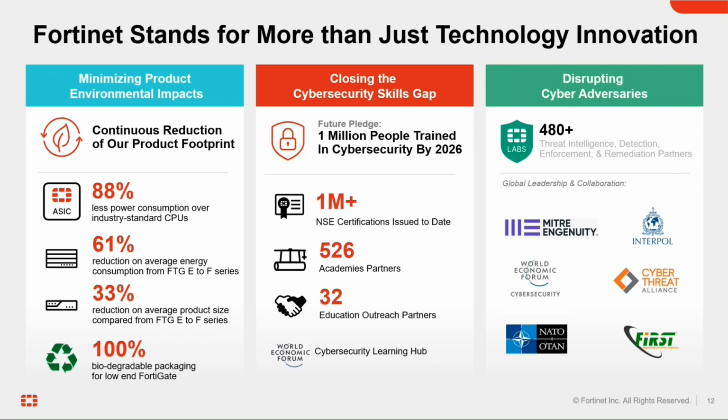That means we're able to provide very small form factor devices with very high performance, while at the same time reducing the power consumption to deliver these services. We can do that with the smaller devices, but we can also do that with our high-end devices, once again using this ASIC technology to reduce that power consumption.